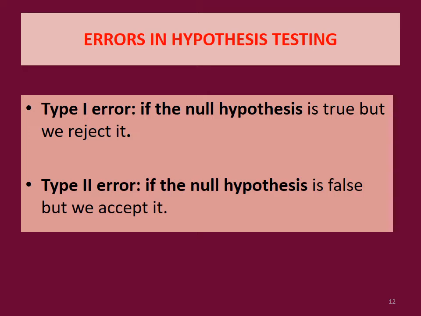Type 1 error, reject the null hypothesis even though it is true. Type 2 error, we accept the null hypothesis even though it is false. Likewise, you need to remember what the type 1 error and the type 2 error are.